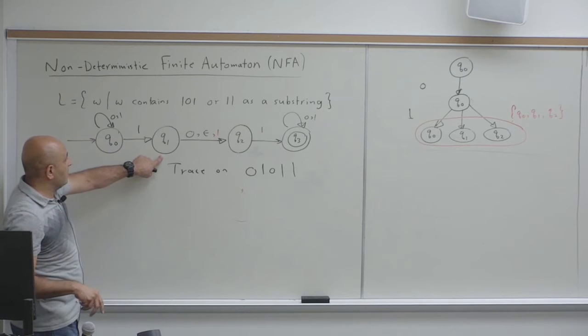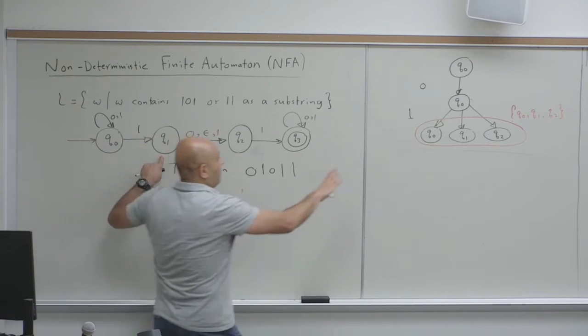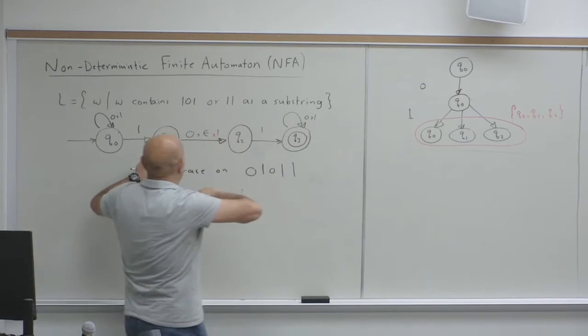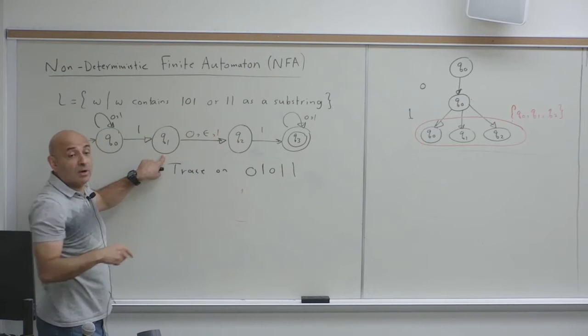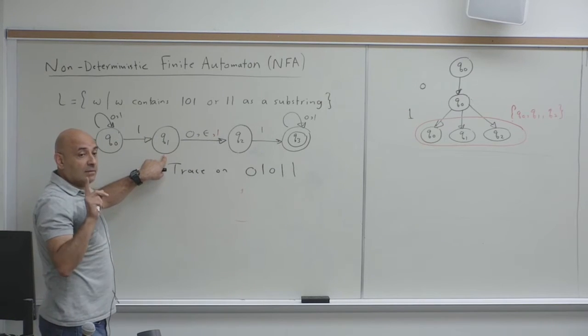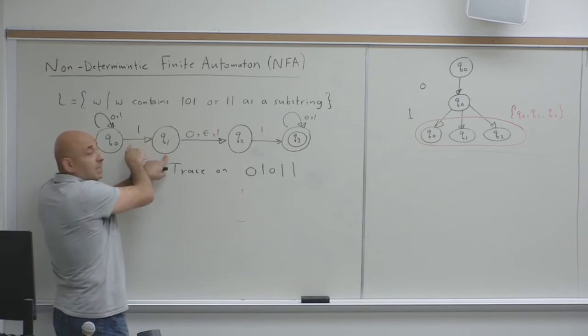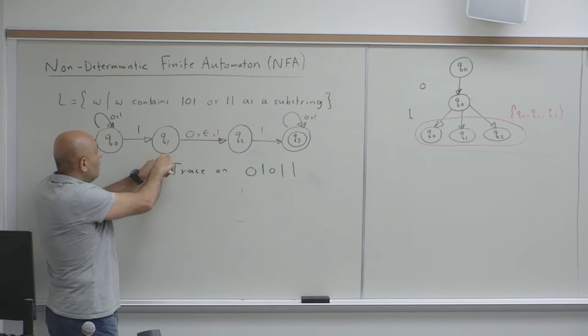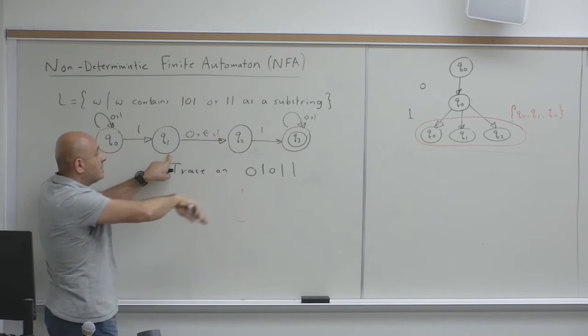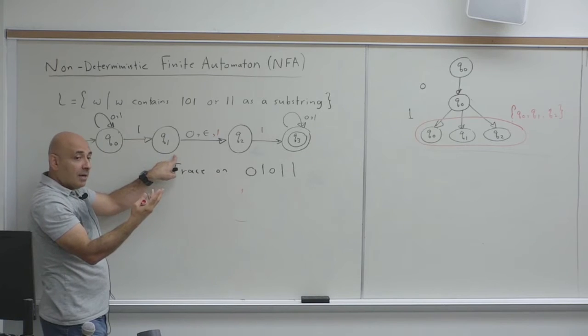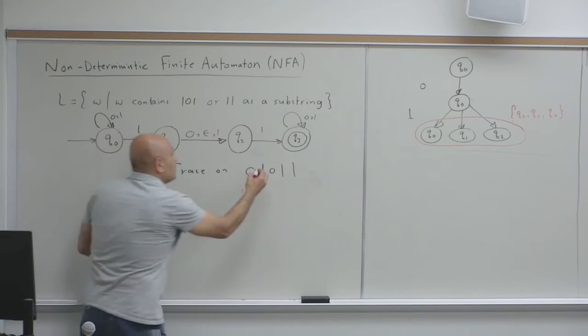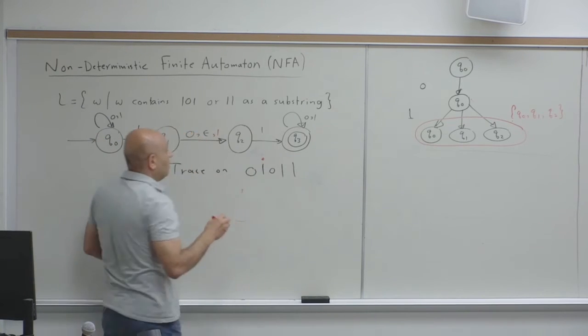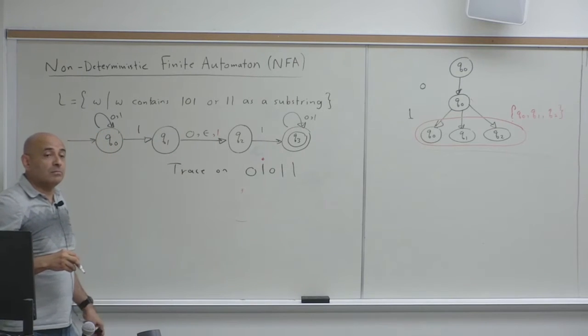But this will not affect the transitions that we made so far, because you have to get a second 1. You can't do it with this one. We have already processed this one. So you can go from Q1 to Q2 if you get a second 1, not the first one, but you have to get another one in order to go to Q2.